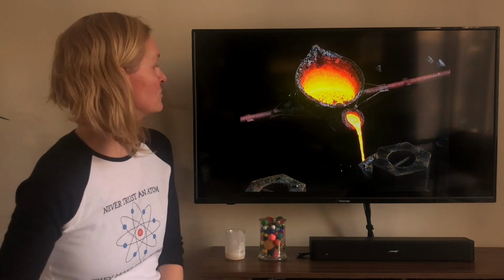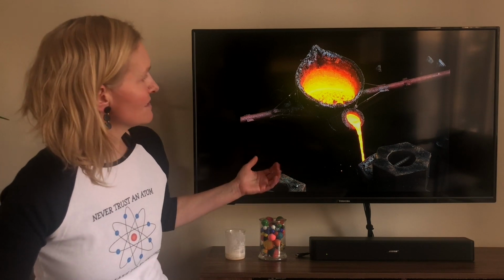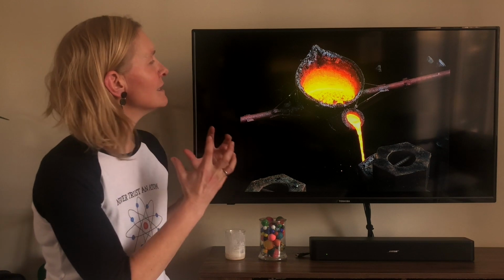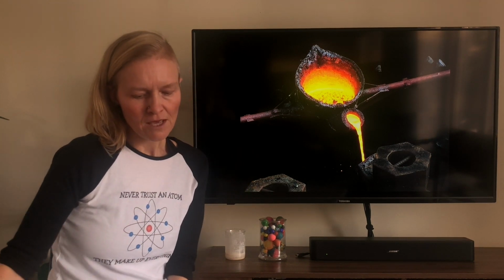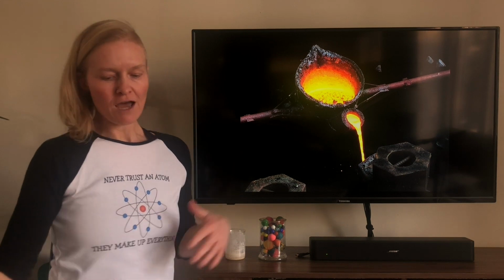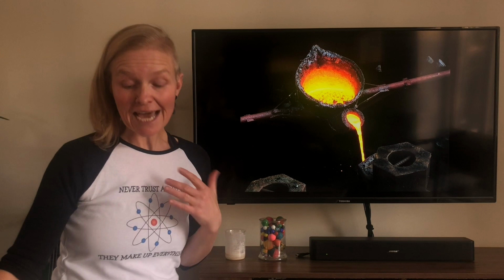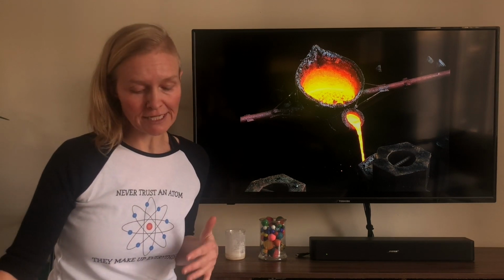So here we have a picture of iron that has been melted, and it has a lot of energy. You can see it's glowing with energy. If the temperature of the iron falls below 2,795 degrees Fahrenheit, the iron will become solid again.